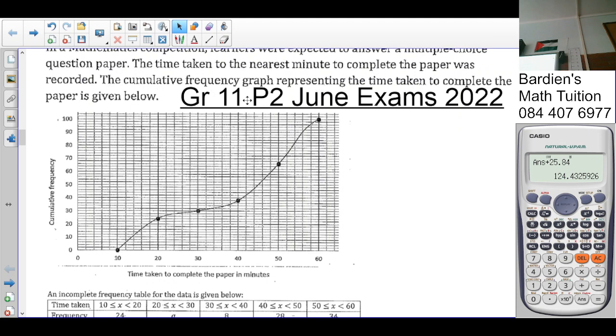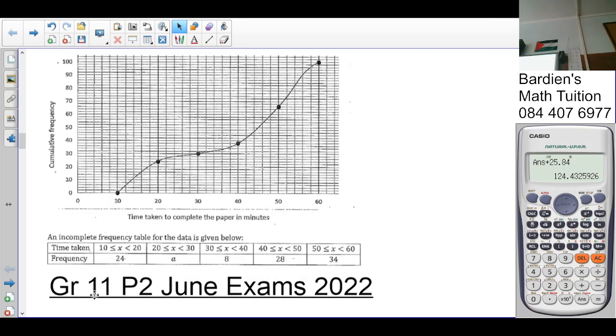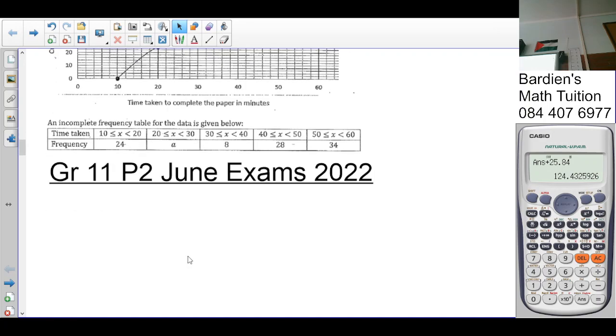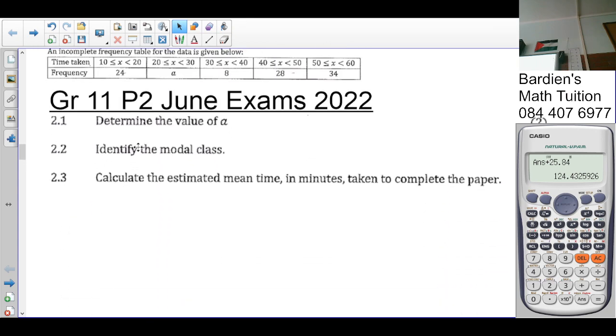The cumulative frequency graph representing the time taken to complete the paper is given below. So we have the cumulative frequency graph, your ogive. An incomplete frequency table for the data is given below. So it's incomplete, there's a missing value there. The first question says determine the value of A.